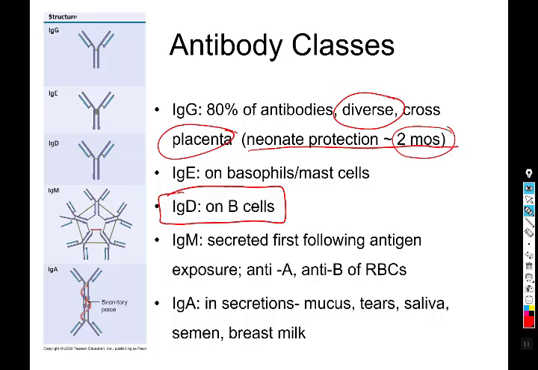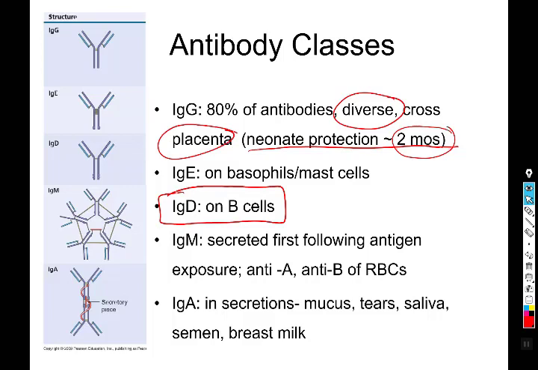IgEs are on basophils and mast cells. We're not going to go into specifics of those, just know that they're on them. IgM, these are important for the initial phases of antigen exposure. So that first time that you're encountering something, for example. We will look at a chart that shows you the relative expression of IgM and IgGs after the first exposure to something.